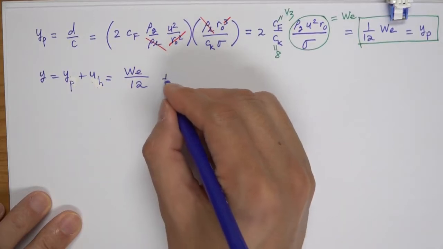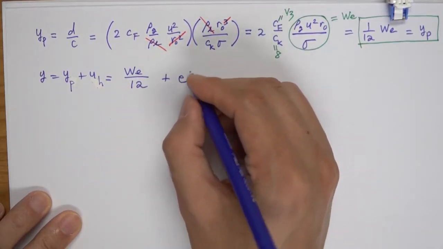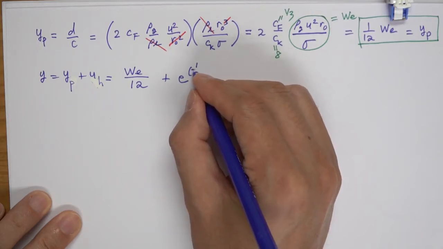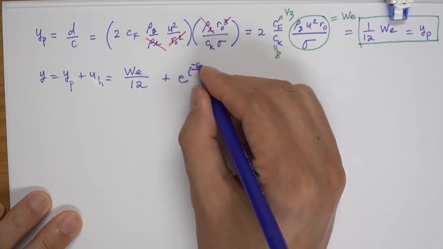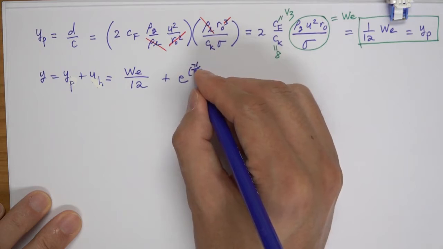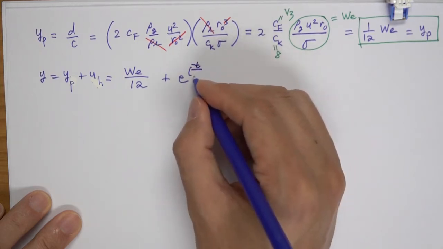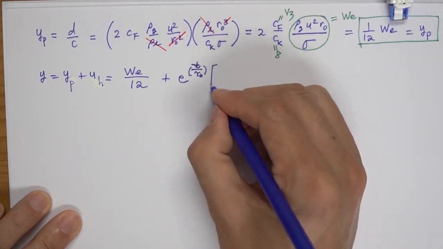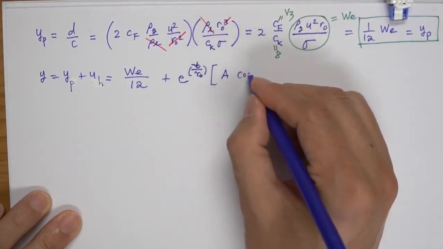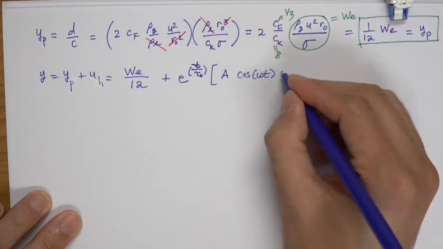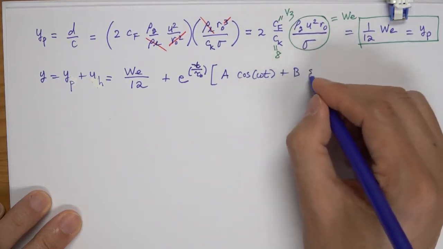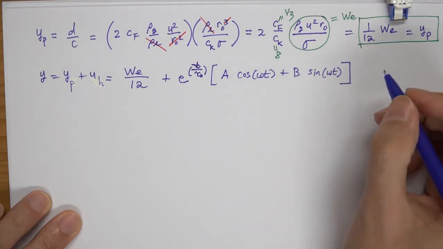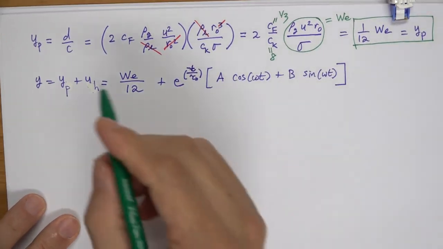Homogeneous is exponential of minus dimensional t over tau b times a cosine omega t plus b sine omega t.